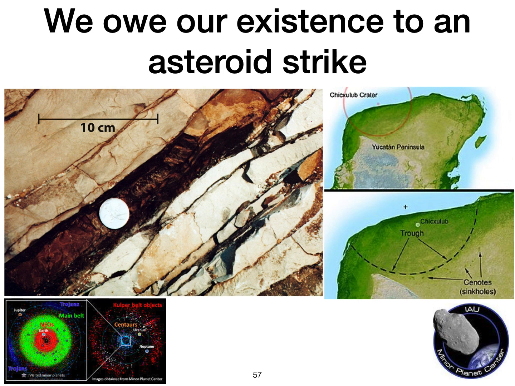However, now that we are here and established, we don't want what happened to the dinosaurs to happen to us. And so sure as hell, we keep track of all asteroids or space rocks that can hit the planet.